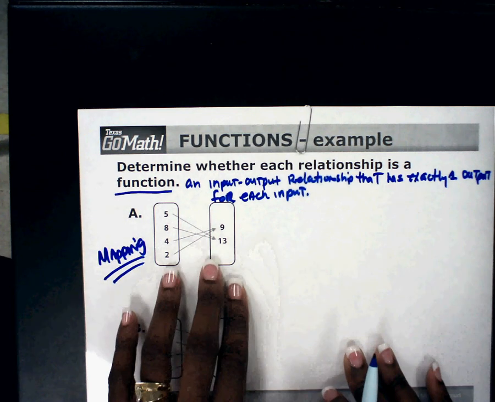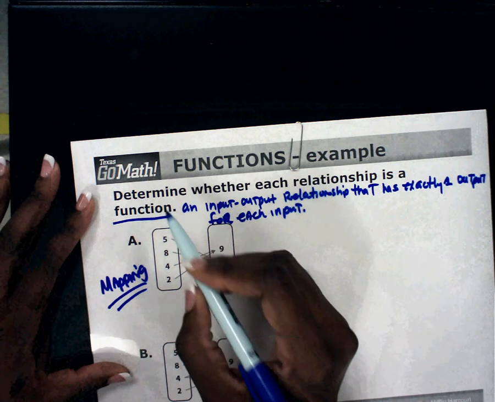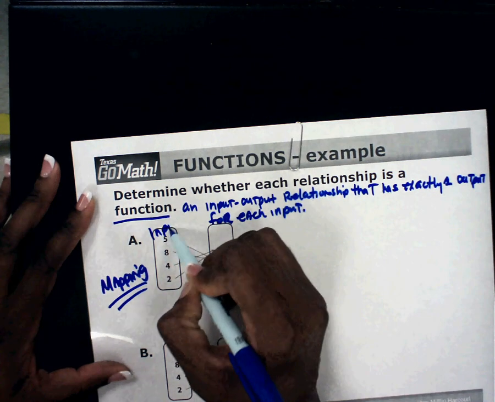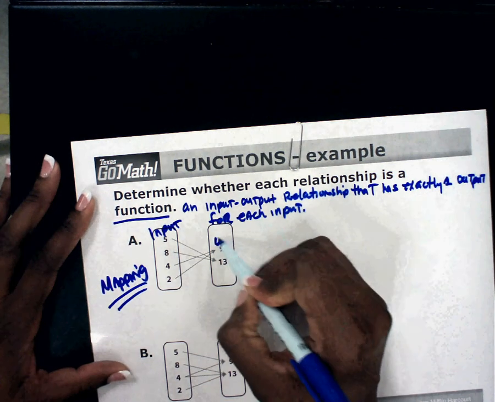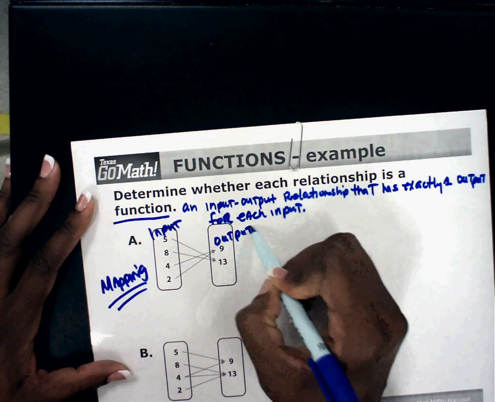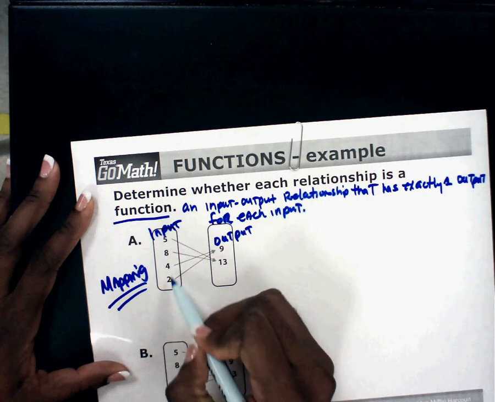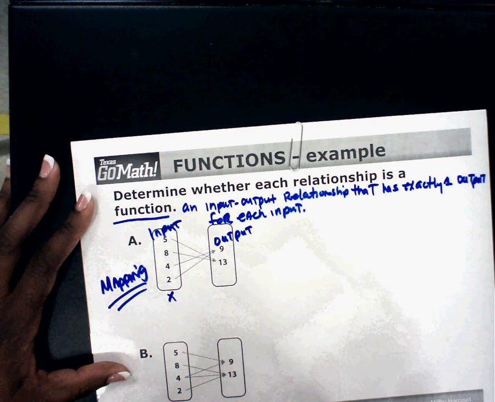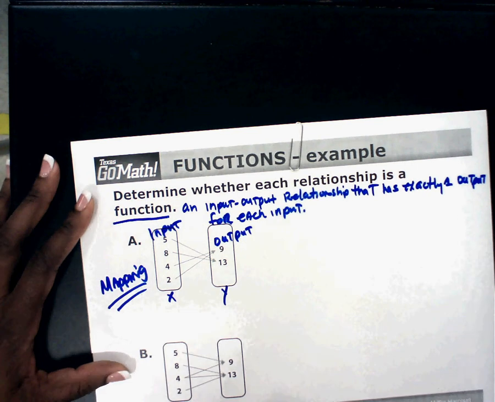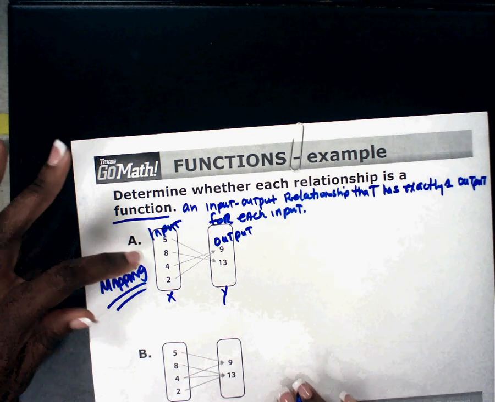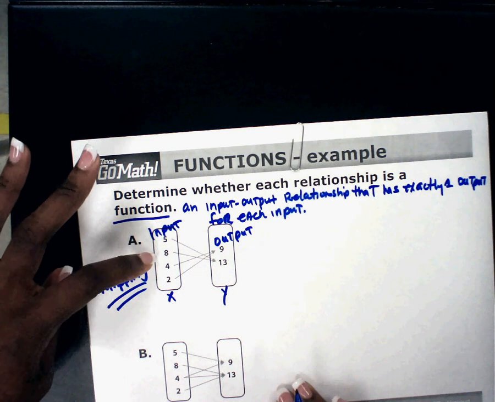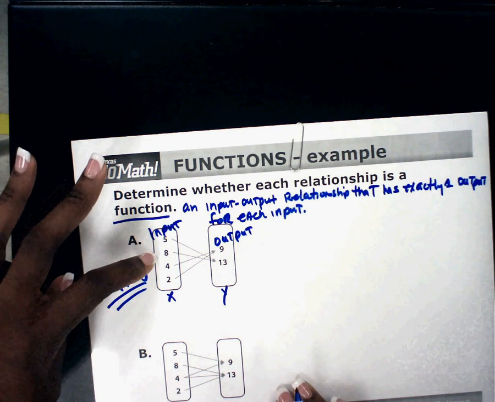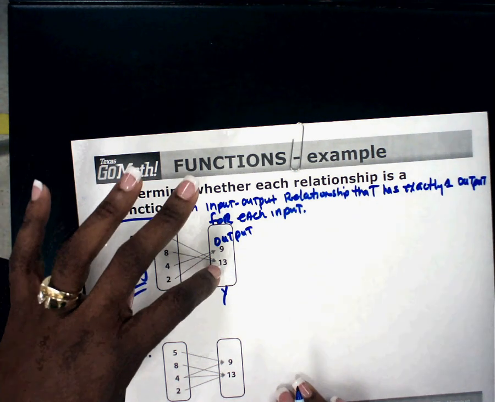So again, we're going to go ahead and label. So this is our input, and this is our output. I kind of have to put it on top of there. And so the input represents X, the output represents Y. And input is going to be our independent variable, and our output is our dependent variable.